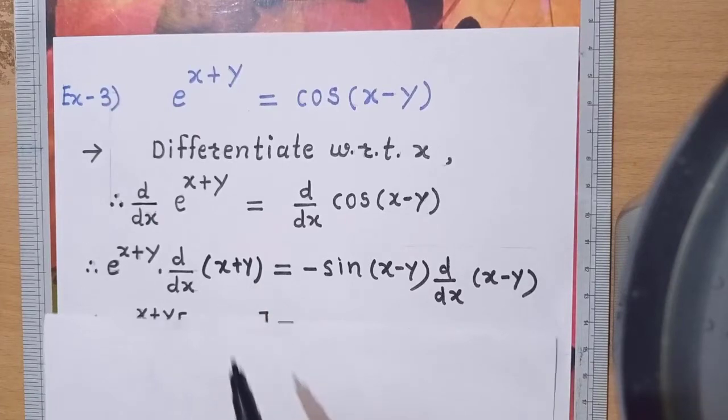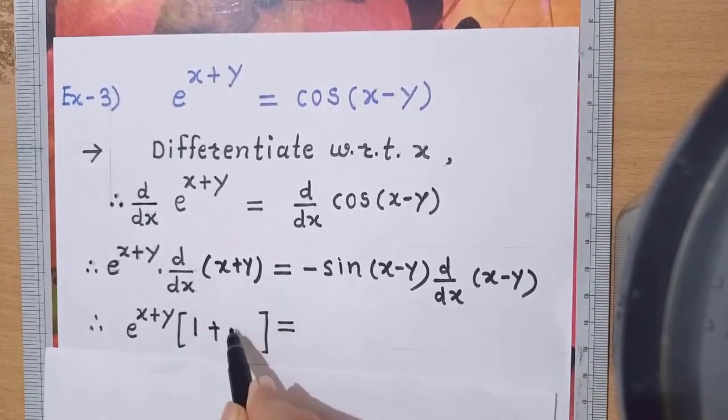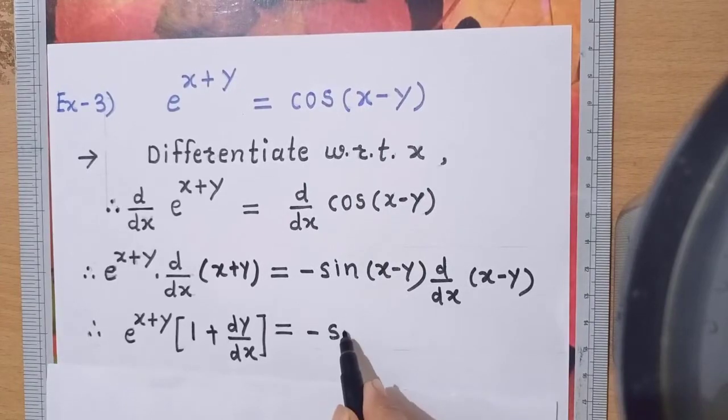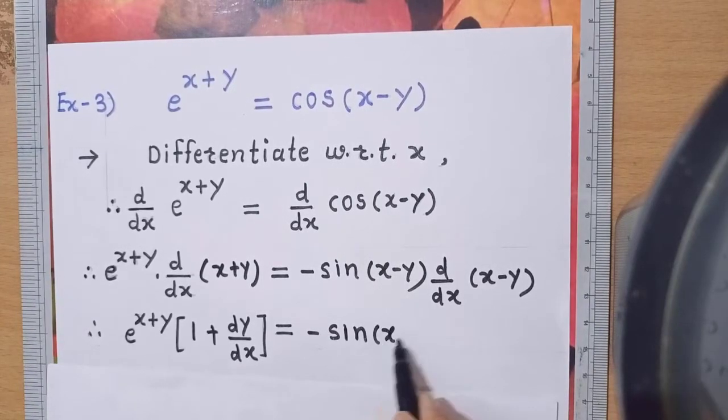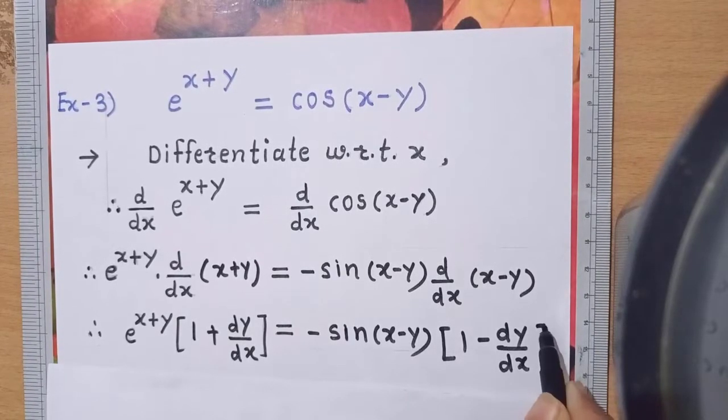Now next step, find the derivative. So derivative of x is 1, and here dy by dx, and this term as it is, and again 1 minus dy by dx.